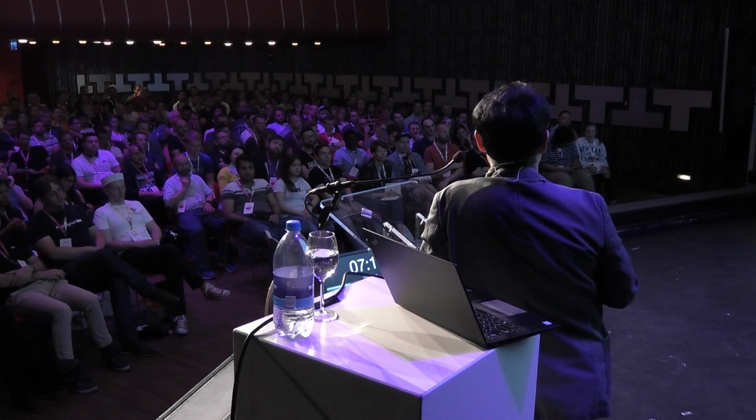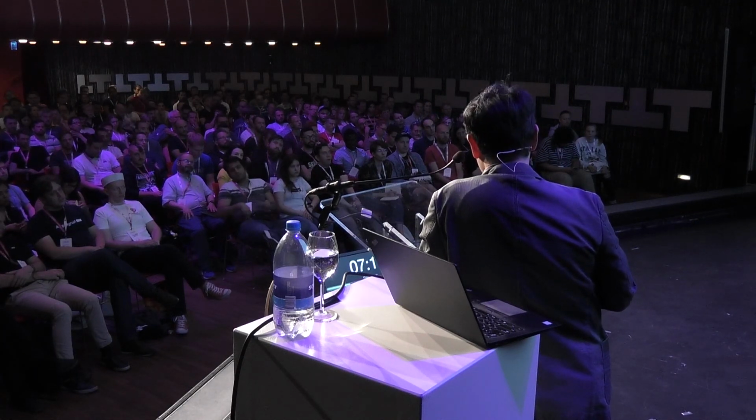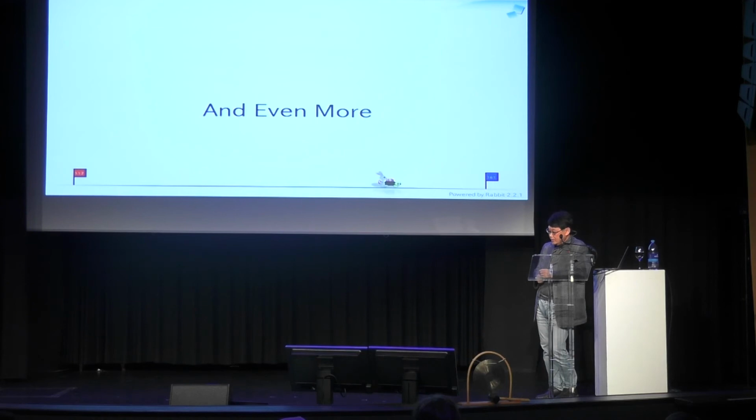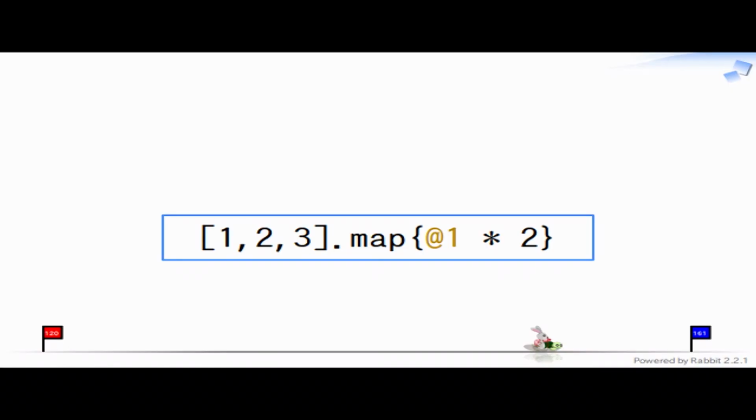Static typing is a crucial part of many functional programming languages, and a concurrency model is part of the core of Erlang and Elixir, and even more. For example, we are working on numbered block parameters from Scala, Clojure, and Groovy, like this. Actually, I'm not fully satisfied with these ugly at signs.